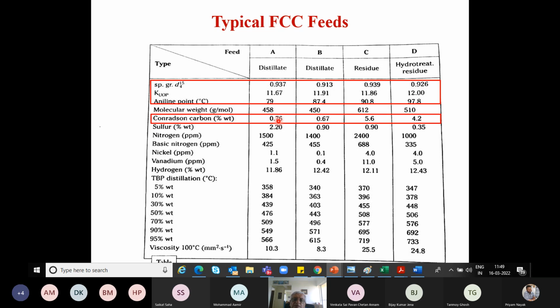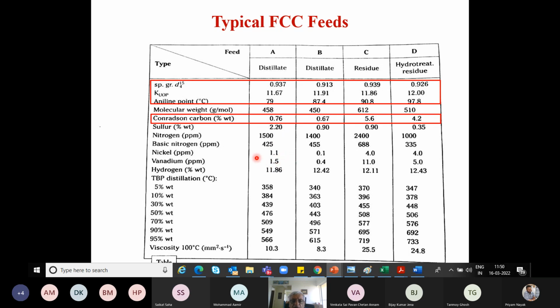And that results in high temperature in the regenerator and less conversion, etc. And I'll explain the role of CCR later on. But higher CCR means you would also have metals along with it. So basically nickel and vanadium, these are the two most important metals in the feed that we keep track of and keep an eye on.